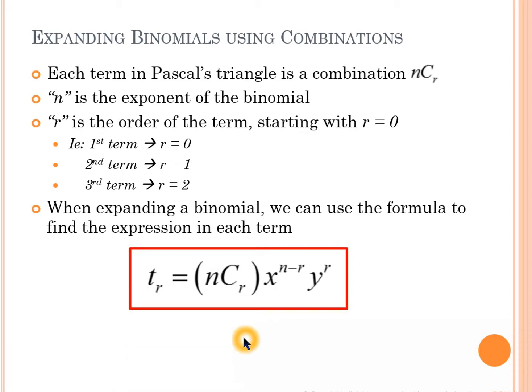In order to use this formula, we need to know the value of n and the value of r. And just remember, if you want to find the second term, for example, then r is simply one number less than the second term. We'll practice this in the next few examples.